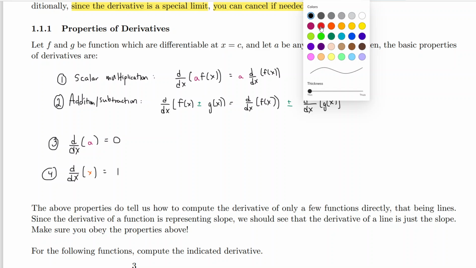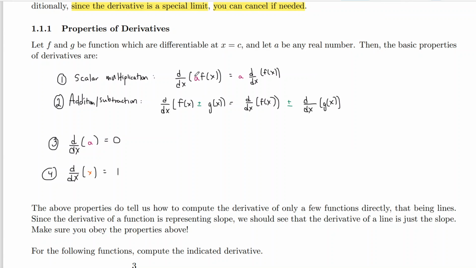Visually, the way I like to look at this is that if we have just a number multiplying our function, whatever our function might be, we can bring it outside, and that's what this equation is saying. This is going to be a very important property. We can bring the numbers multiplying functions outside.